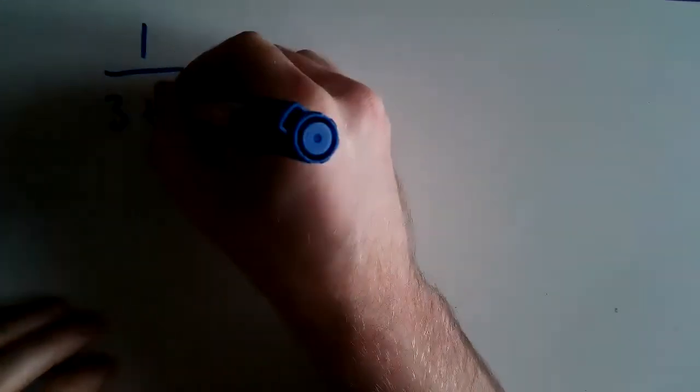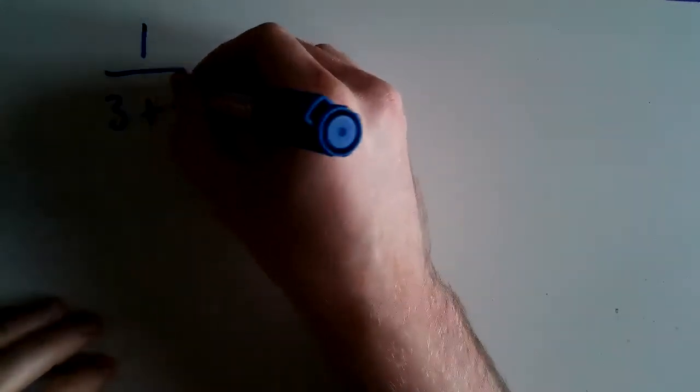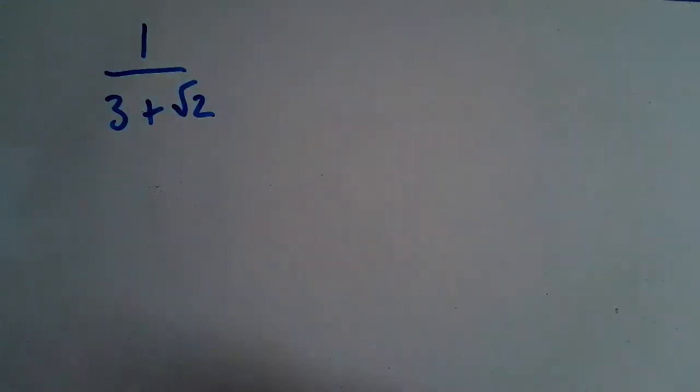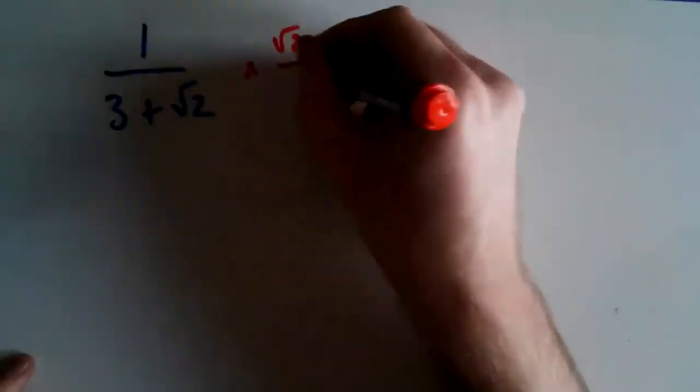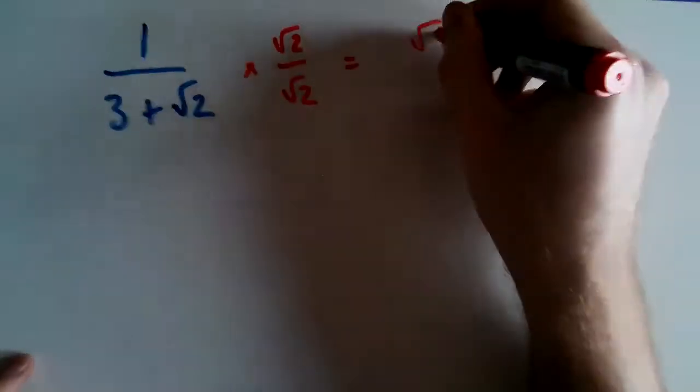Let's have a look at what I could do if I have something like this: 1 over 3 plus root 2. Let's try doing some simple things. Let's try times in top and bottom by root 2. On the top, I'll get root 2.